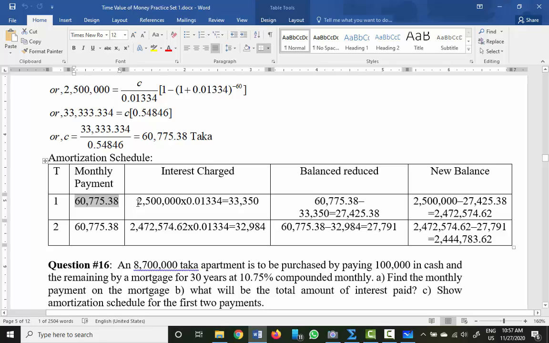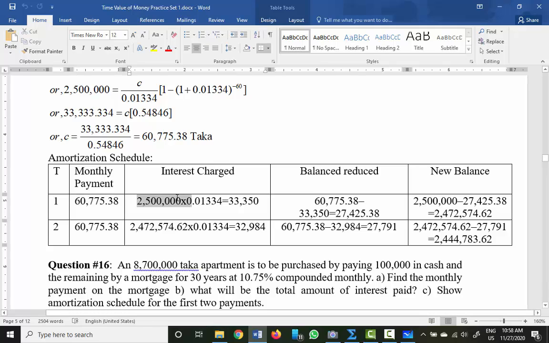So what the bank will do is calculate that first month's interest, right?